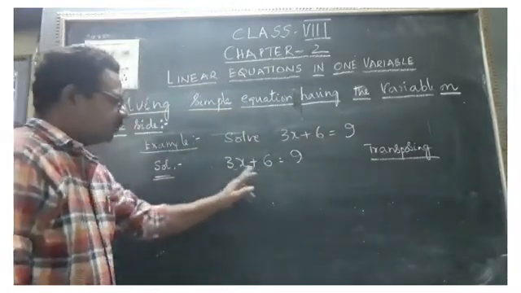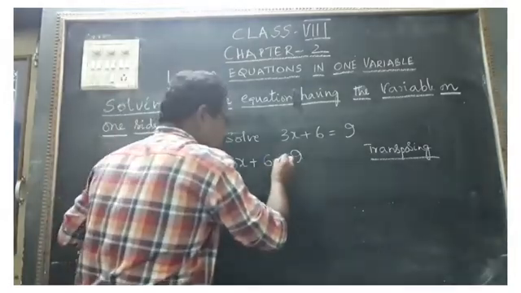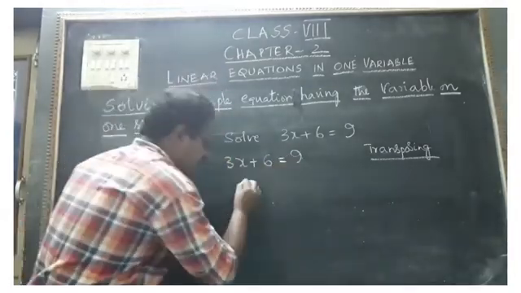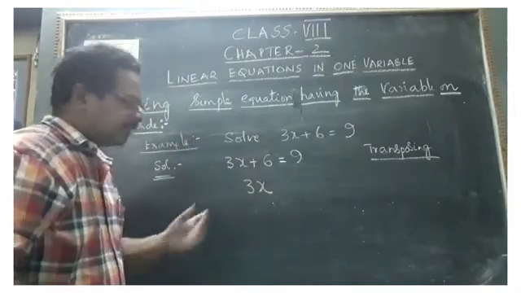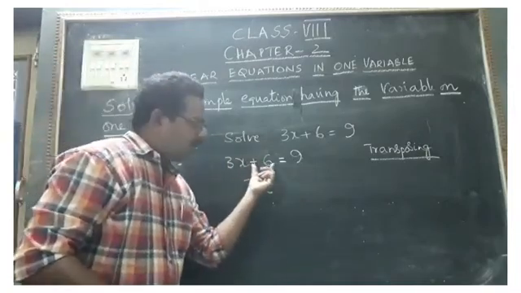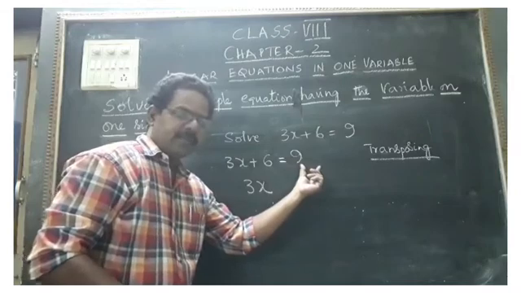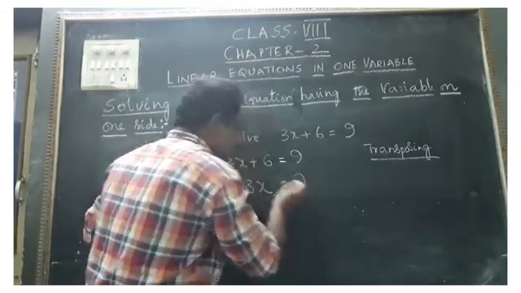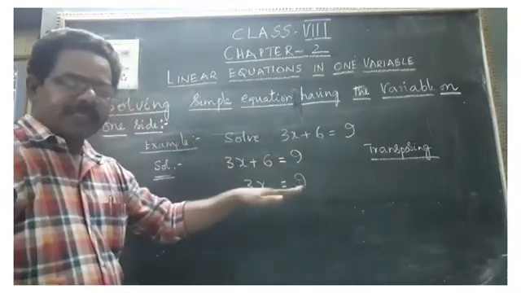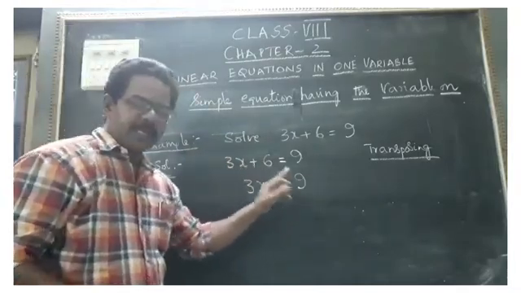So 3x plus 6 is equal to 9. First step: the term 3x we shall keep like that, and plus 6 we are transposing to this side. So we remove it here. This is equal to 9, and plus 6 will become minus 6. The opposite symbol of plus is minus.